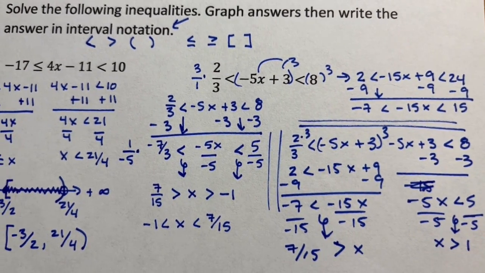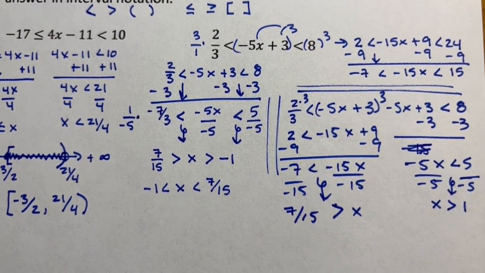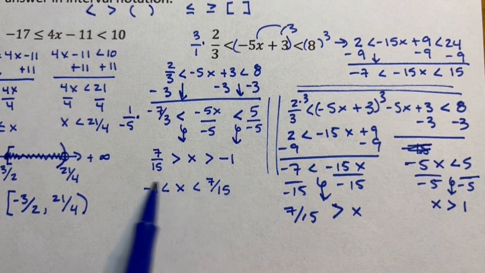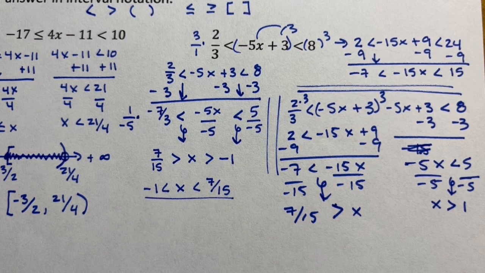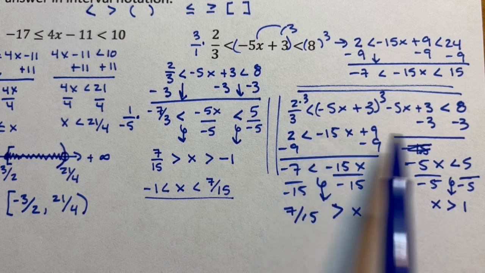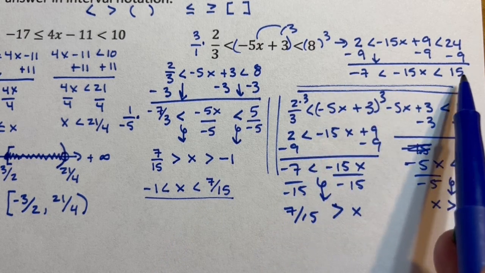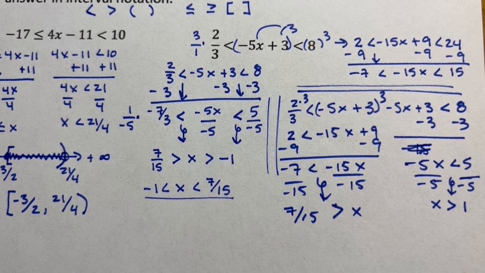So you can see we're getting all of the same answers every single time. We are repeating these steps, but we're always getting these same answers. X is less than 7/15, x is greater than -1. We can separate them, we can get rid of our fraction, we can just brute force it. You have options.